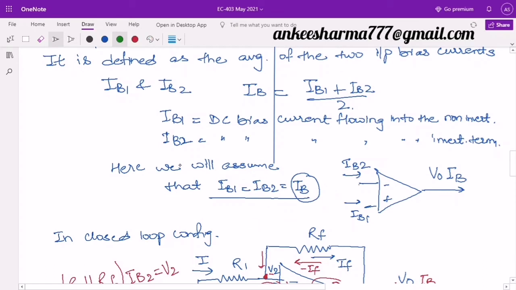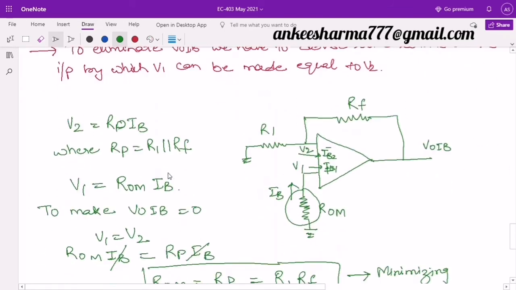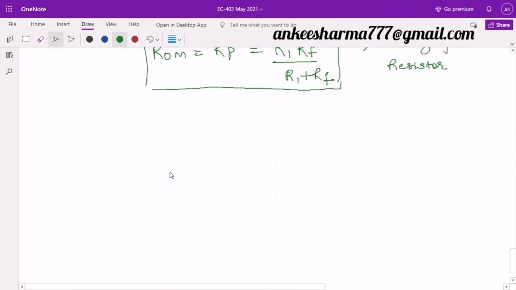Just for an assumption, we have assumed them equal to IB. So we said the input bias current is nothing but the average of these two currents, IB1 plus IB2 by 2. Now in the third case, we are going to discuss input offset current. Now we are removing our assumption, so IB1 is not equal to IB2. It means the difference of these two currents is called the input offset current. So let us discuss the third one.